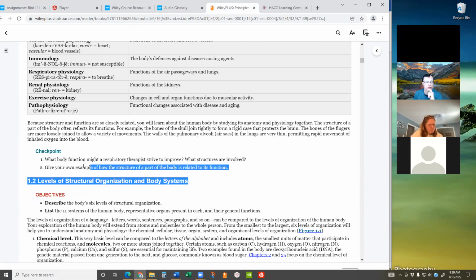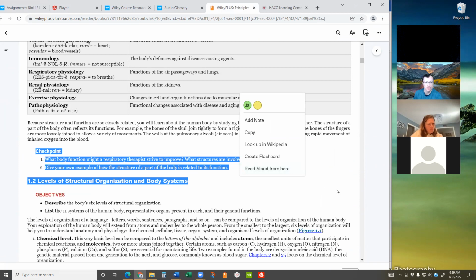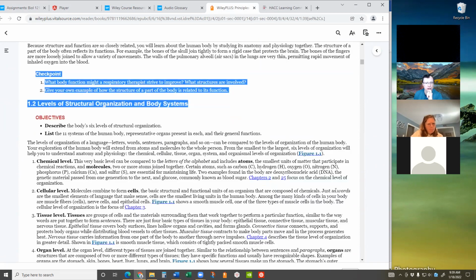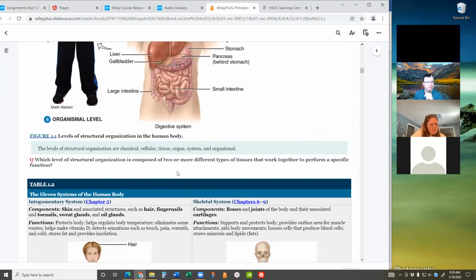Those are questions that you can attempt to answer, okay? But I think even more importantly than checkpoint questions will be the following.